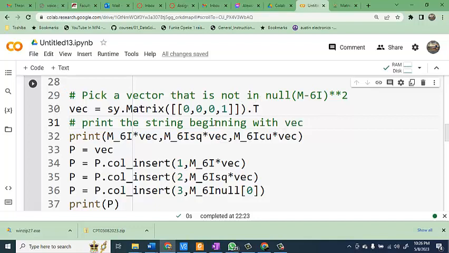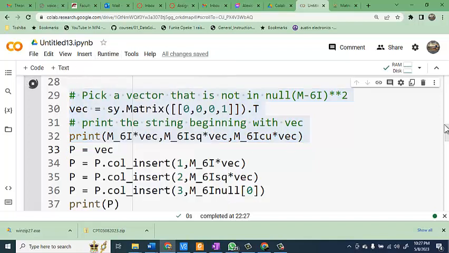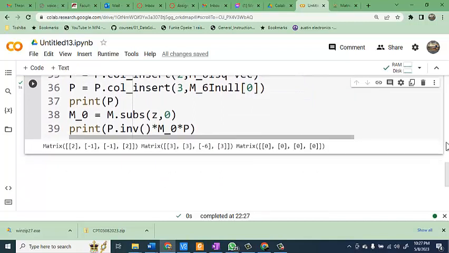Okay, and let's see what we got. I'll just execute these here and print just this selection. All right, so what happens, it went to 2, minus 1, minus 1, 2, 3, 3, minus 6, 3, and then it went to 0, 0, 0, 0. Okay, so this must be my eigenvector right here. That's one of my eigenvectors.